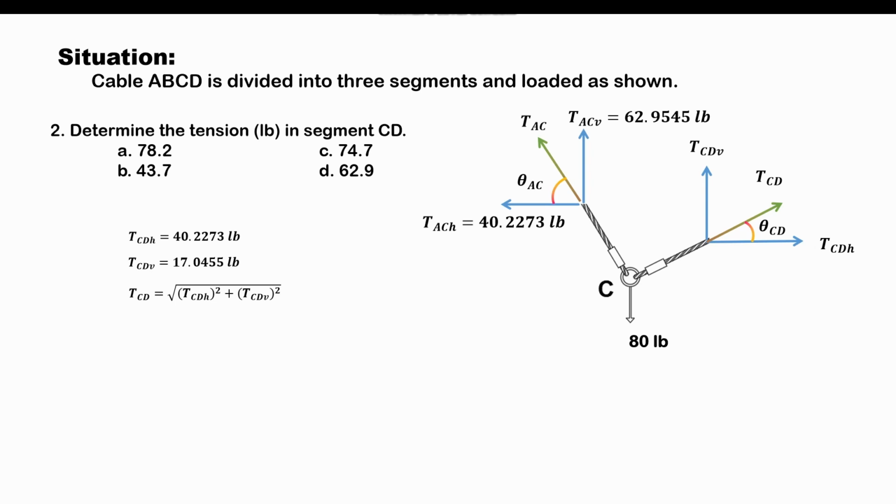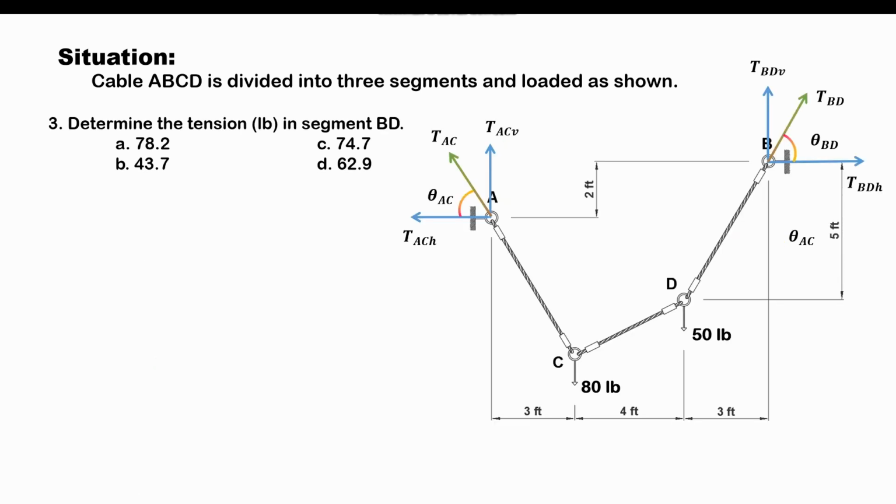Substituting the values in this equation, we yield the tension in segment CD, which is equal to 43.6896 pounds. And from the given choices, our answer would be letter B.